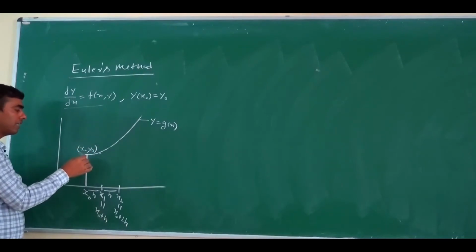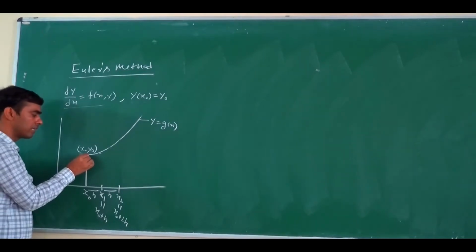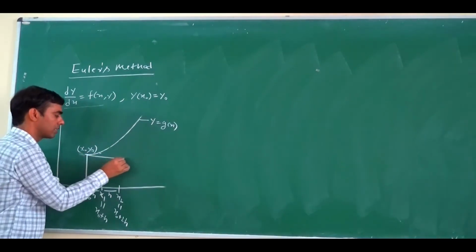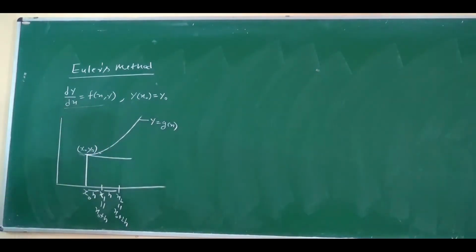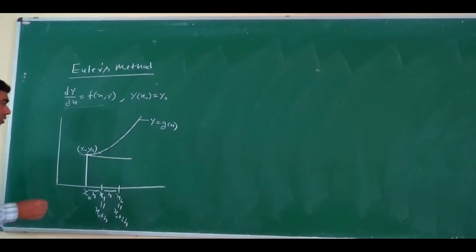In the Euler method, we assume that function is the tangent that we draw at this point. This tangent is assumed as a solution of the given differential equation. By putting x equal to x1 in this equation of a straight line, we find the approximate value of y.